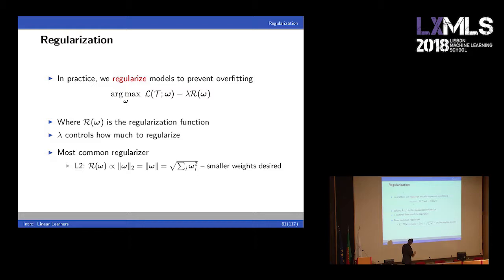So if we maximize this joint objective, then we have to make sure that we fit the training data as well as possible, but we also have to make sure, let's say this lambda is a very high value, that the regularization doesn't incur too much penalty on our objective.